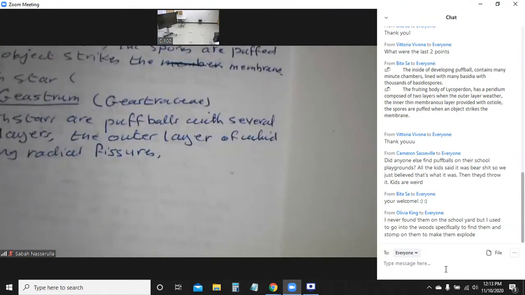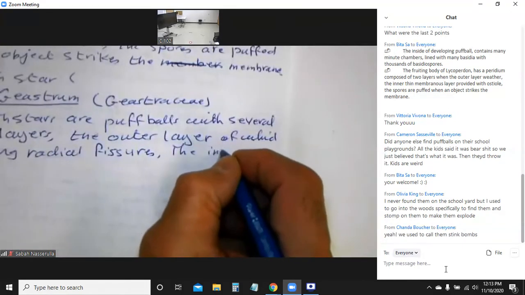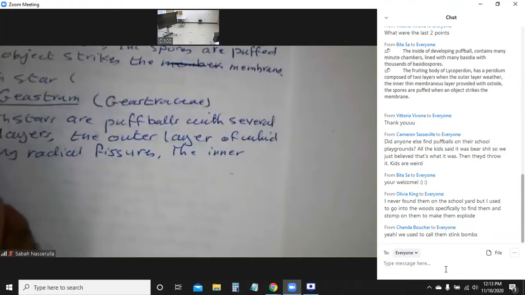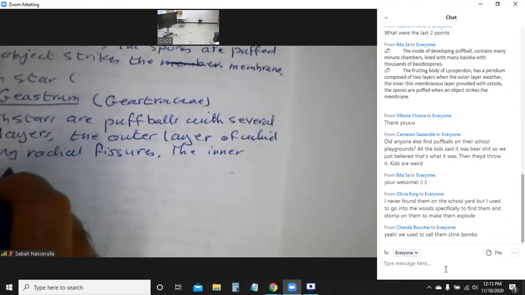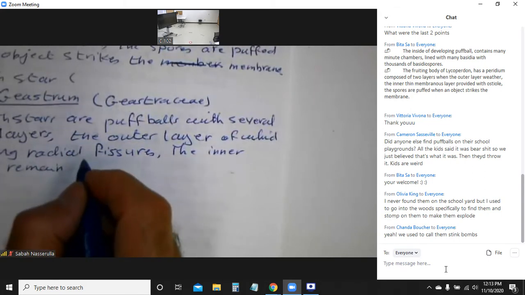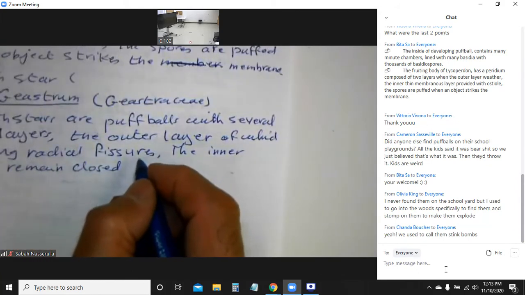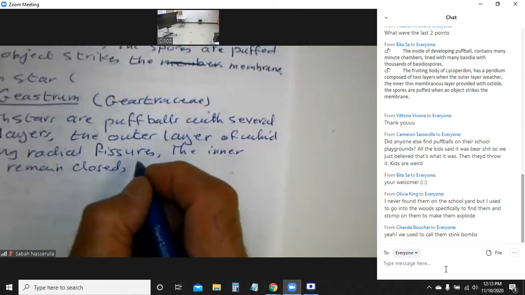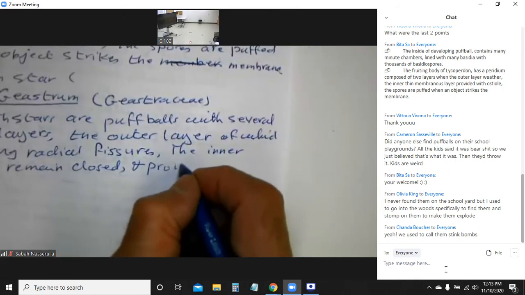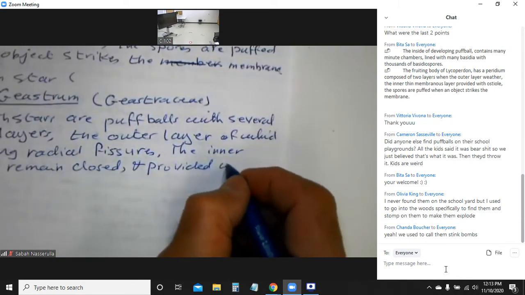And to mention, the inner peridium remains closed and is provided with an ostiole.